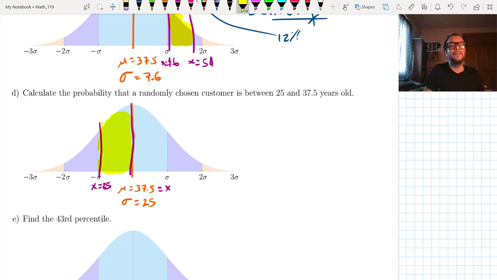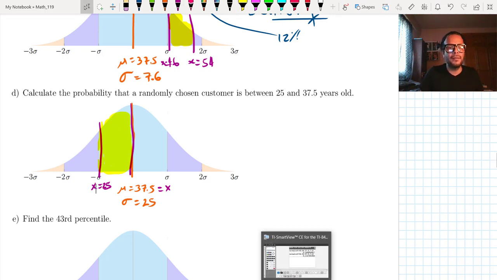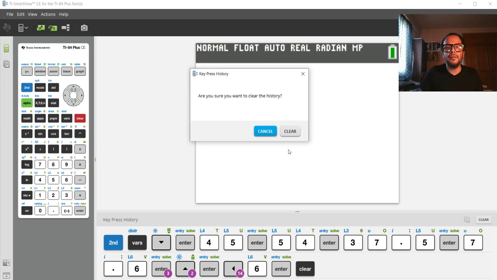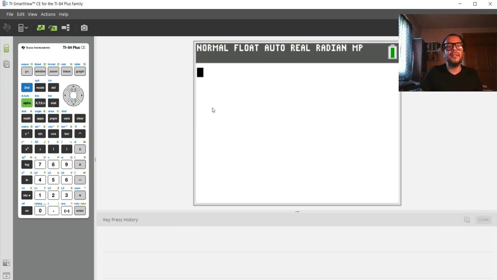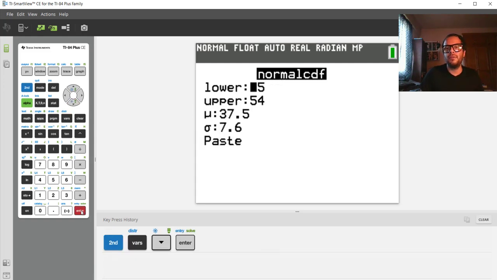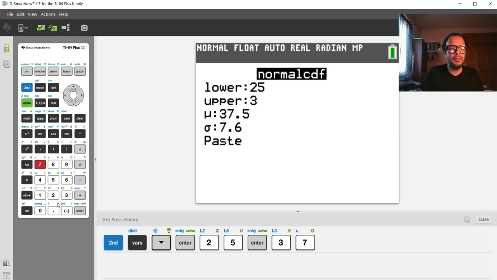Let's see. Let me clear everything. Clear. Second dist normal CDF, and in this case 25, 37.5, and the rest of the parameters are there correctly.